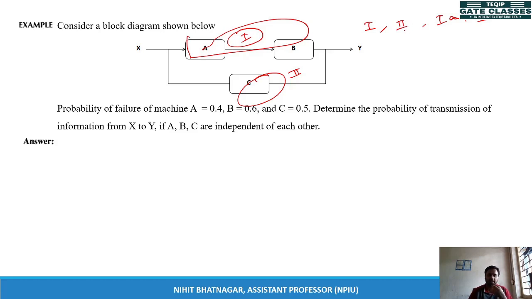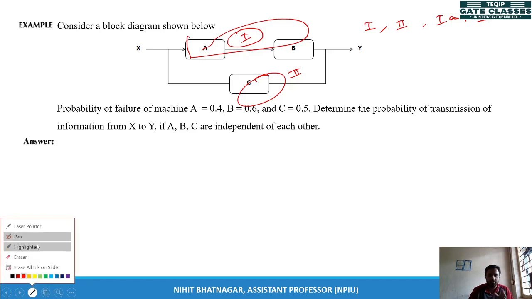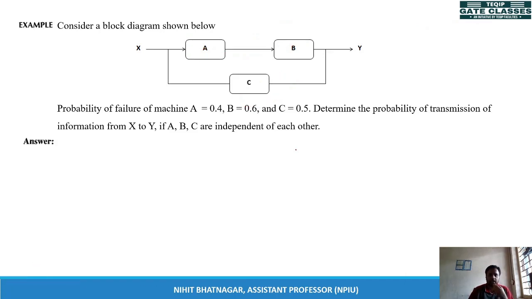We are given the probability of failure of machines A, B, and C. You can see in the first assembly line, A and B are connected in cascade, so if either of them, A or B, fails, then no transmission occurs from the first assembly line. If A fails but B is in working condition, no transmission from the first portion.